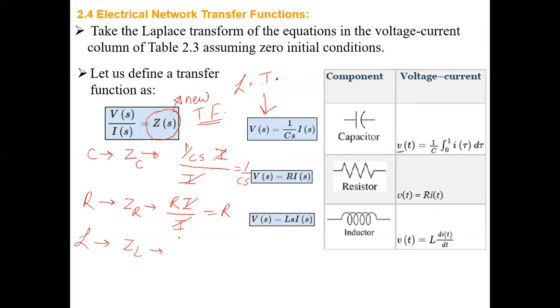You have L s times I divided by I. I cancels out, you have Ls. So the impedance Z here is 1 over Cs. G here is simply R. G here is Ls.